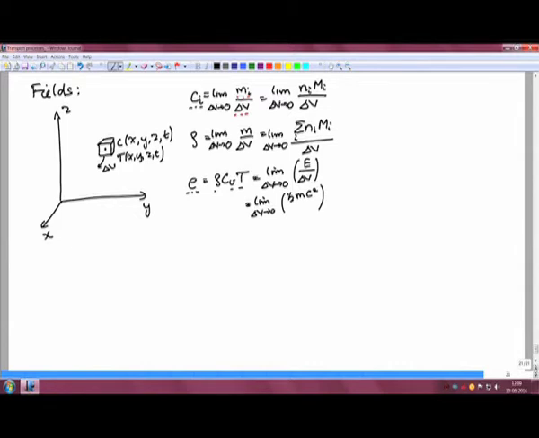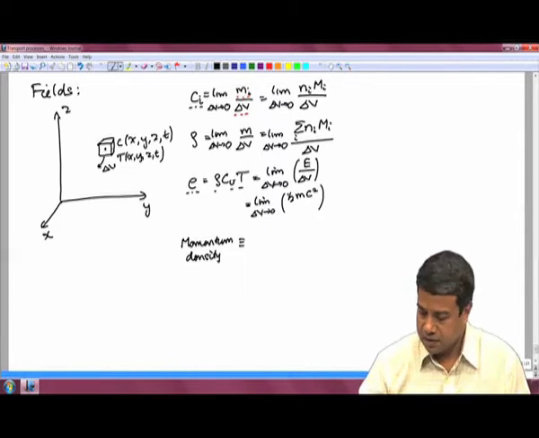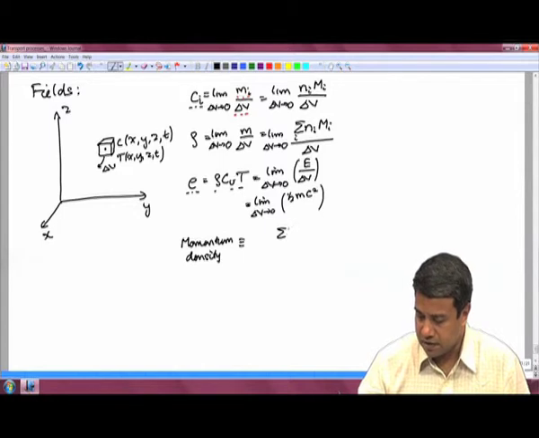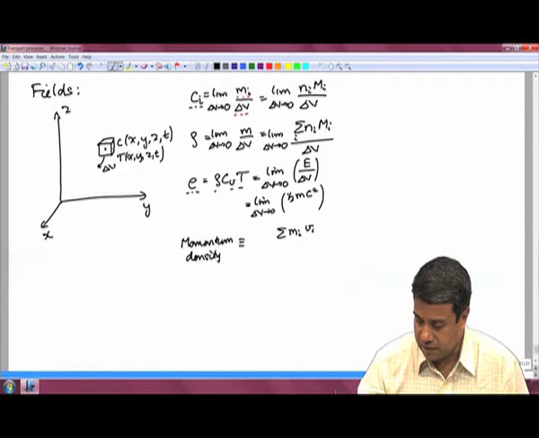Now, you can also define the momentum density. The momentum density is in general defined by taking the total momentum within a volume and dividing it by the volume itself. So, I take the summation of the mass of each molecule times the vector velocity of each molecule.